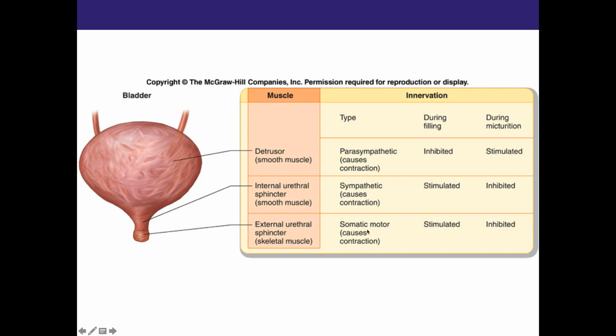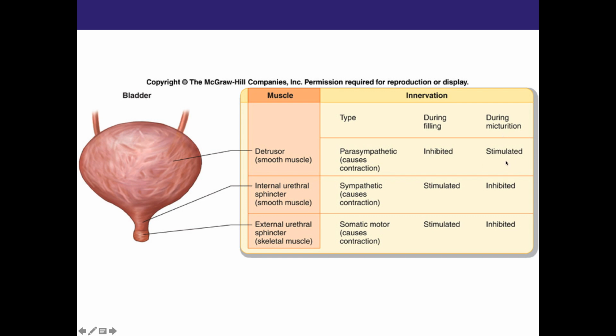The smooth muscle that surrounds the bladder is called detrusor muscles, and they're regulated by the parasympathetic. During passive filling, when the urine is entering from the ureters into the bladder, these muscles are inhibited. But during micturition, the process of urination, you stimulate these muscles to contract.